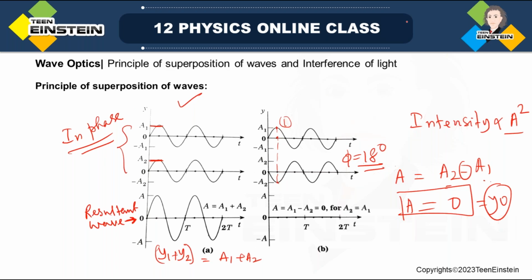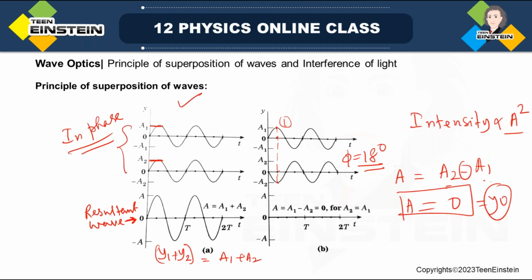Now in the superposition principle, what we have seen so far is what is called the superposition principle of waves, and then what happens when two waves superpose in phase and when two waves superpose out of phase.